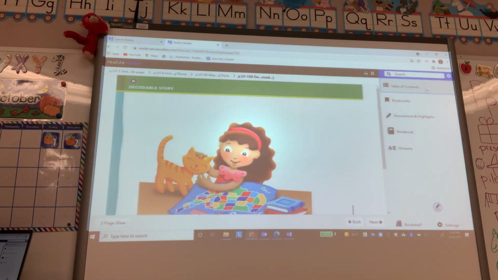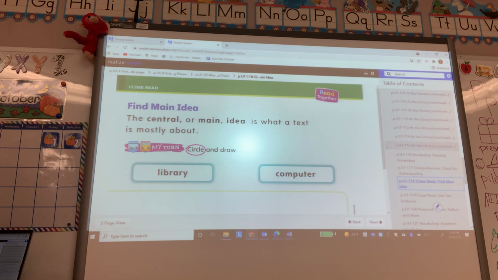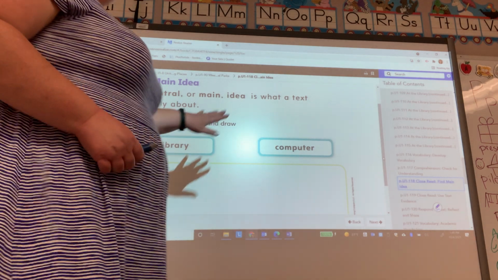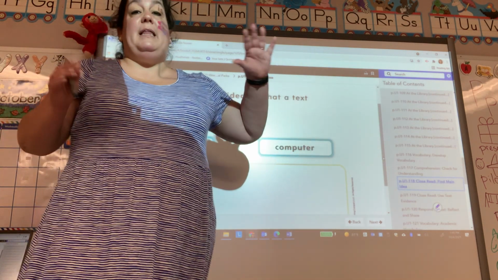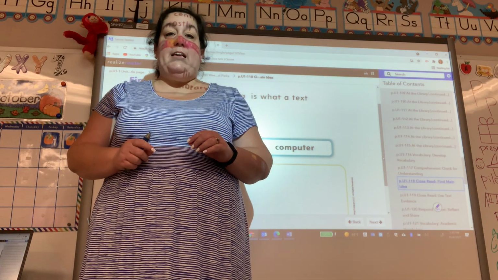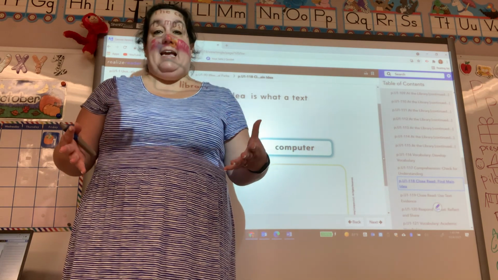Turn your books to page 118. It's a 1 and an 8. Do you remember when we talked about the main idea? Remember there was a picture of a playground and we said that the playground was the main idea and all of the details were things like the swing set and the slide and the sandbox.